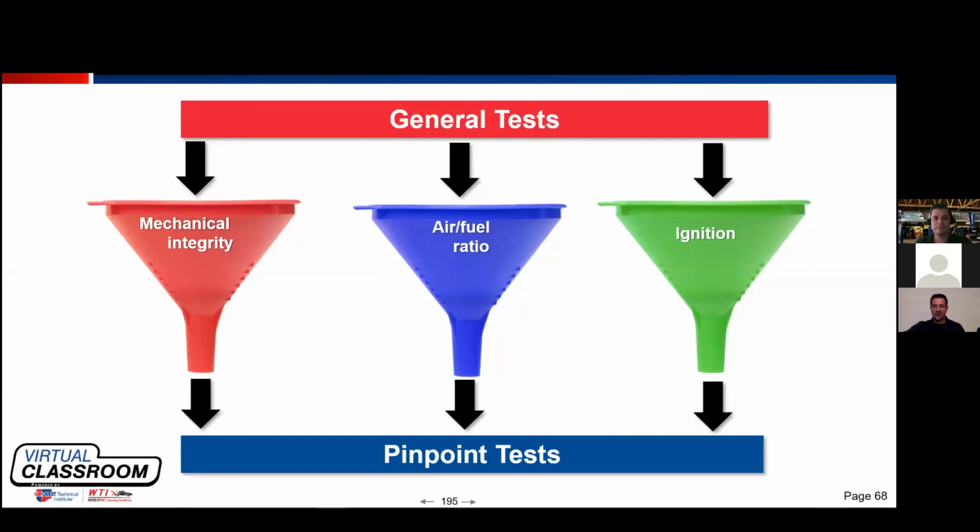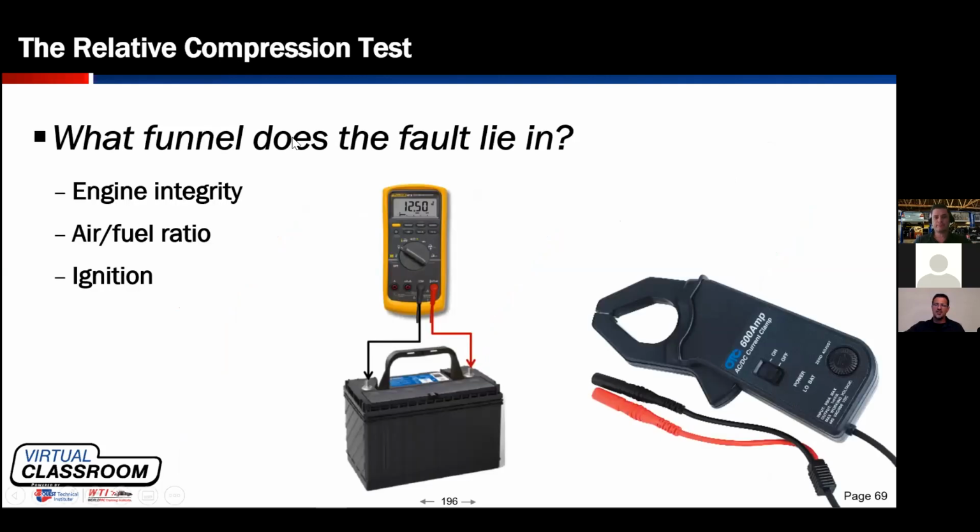Sometimes I might venture under the hood with my amp probe and my lab scope. Sometimes I can't find an easy area to place my amp probe, so I will use voltage drop, which is basically the same test. It's just inverted. So an engine mechanical integrity test by way of a relative compression test is going to be one of the tests I'm going to perform first.